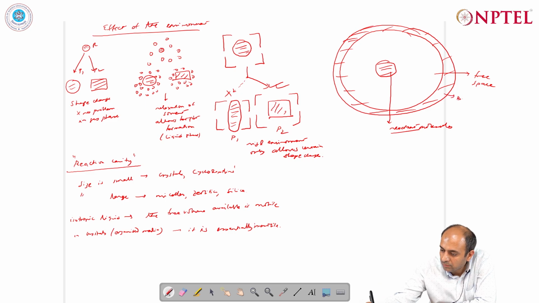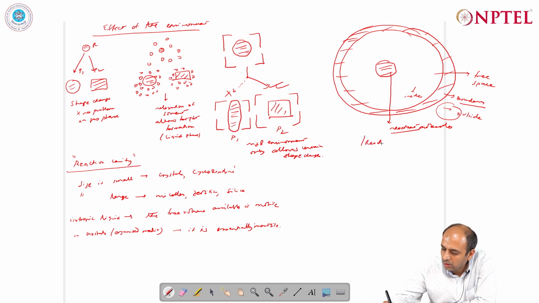This is the boundary which cannot be exceeded. This region is outside and this is inside the reaction cavity.